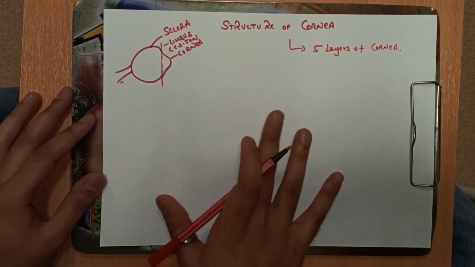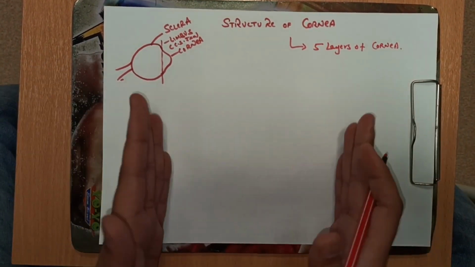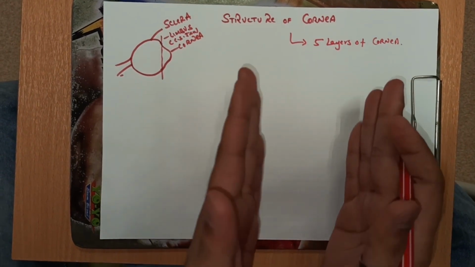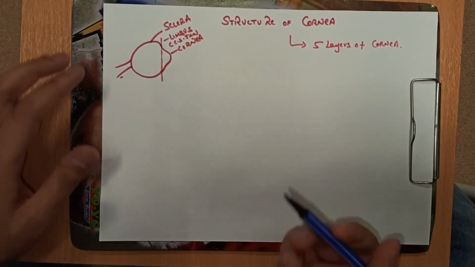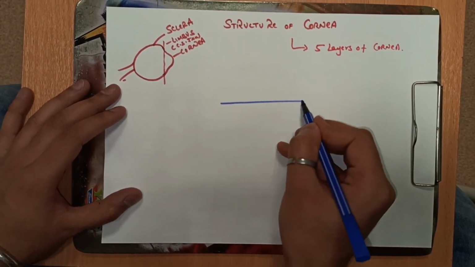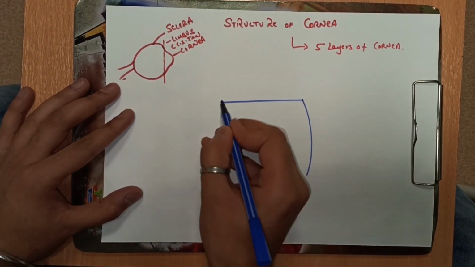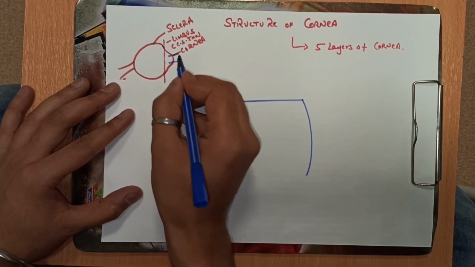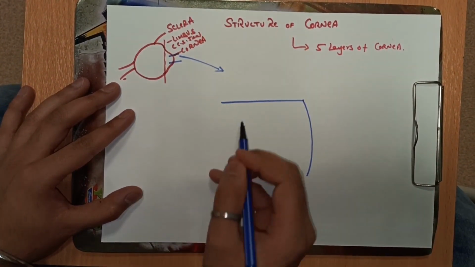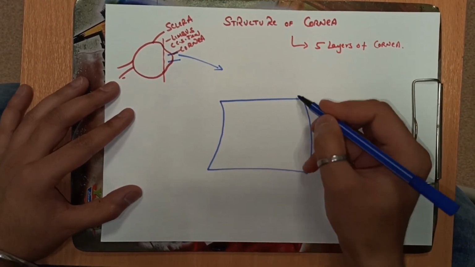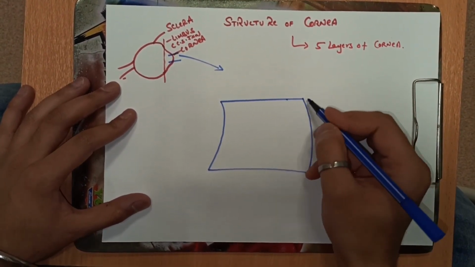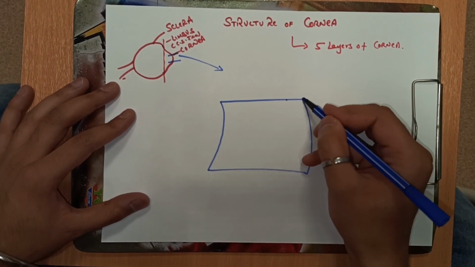Now one of the most important things to keep in mind: there are 5 layers of cornea. Here I'll be making the 5 layers. First I'll make the 5 layers, then I'll explain what parts these layers consist of. This is the enlarged portion I am making here. So the first layer comes on the outside.